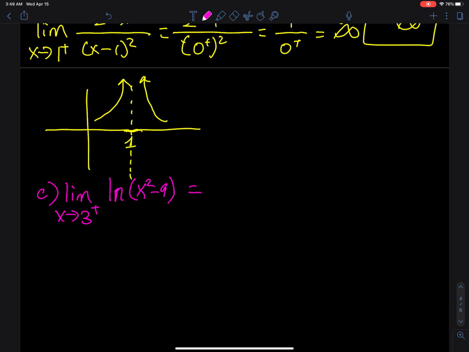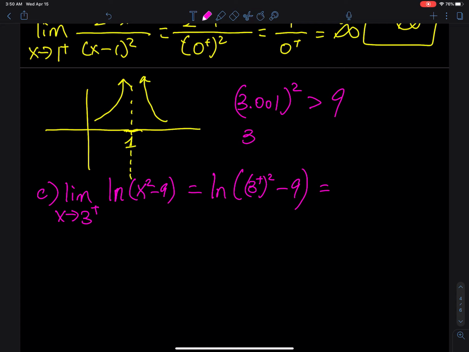So you plug in, you have ln of 3 plus squared, right? So 3 plus, a little bit more than 3, squared, minus 9. And then this is what you have to think. 3.001, you square that. That is definitely greater than 9, right? Because 3 squared is 9. You add a little bit to 3, square that. That is definitely greater than 9.